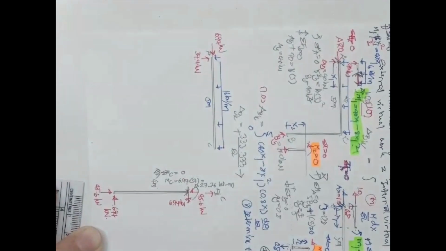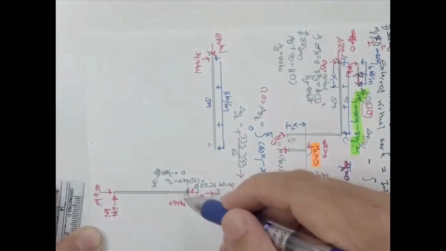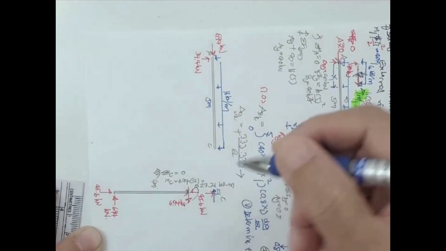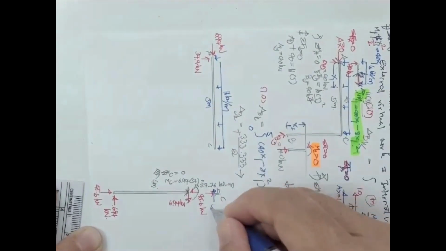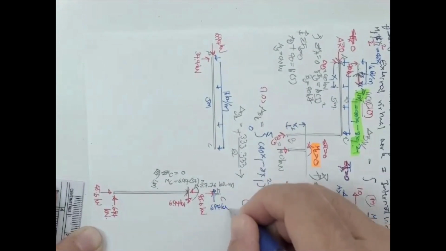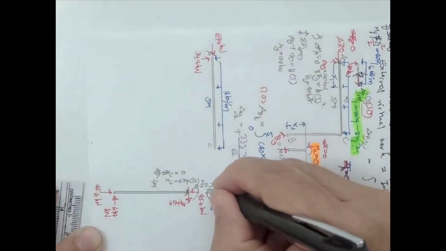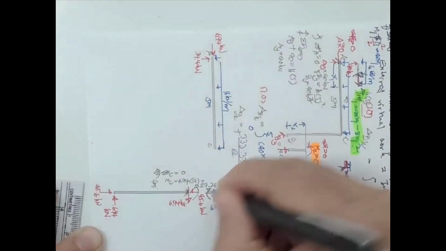Okay. And then following this 6.94, you should get this force in this direction, 6.94 kilonewton. And following the moment over here, you should have the moment rotate in this direction.